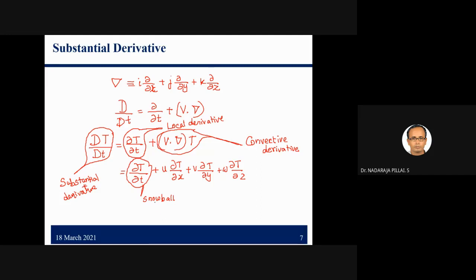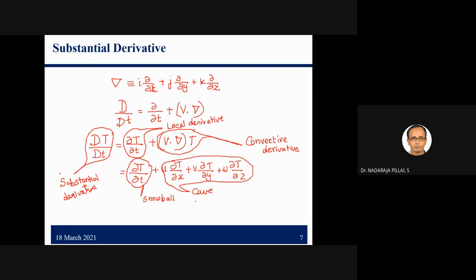So the net temperature drop on you is because of the cave temperature and the snowball temperature. That is what the total derivative or substantial derivative is. How much temperature change is in your body when you are inside the cave?